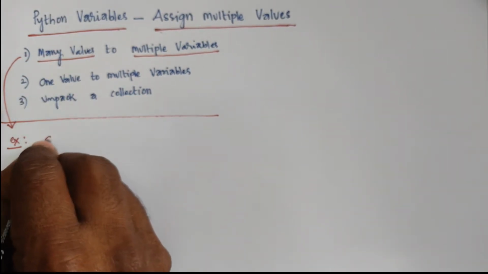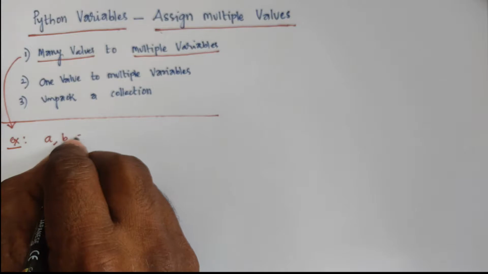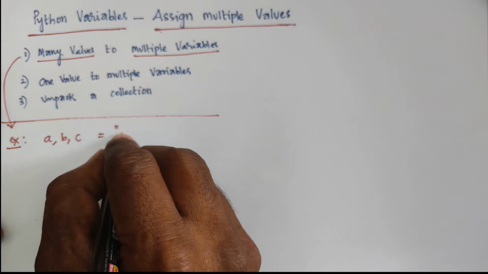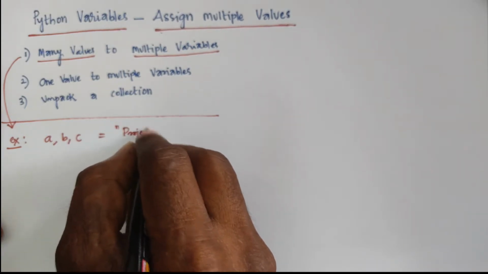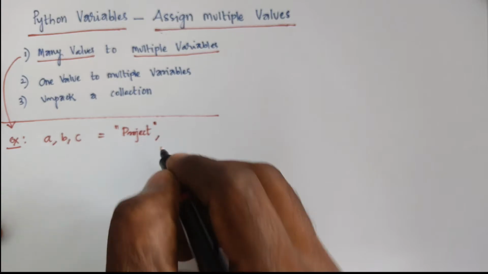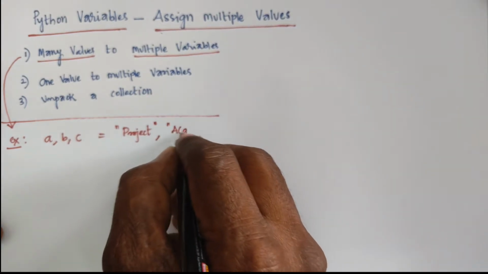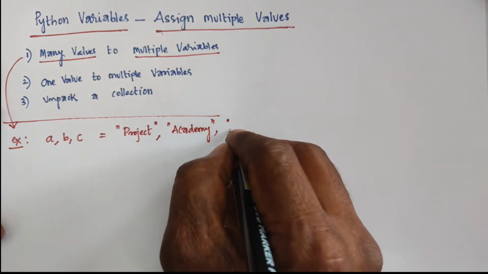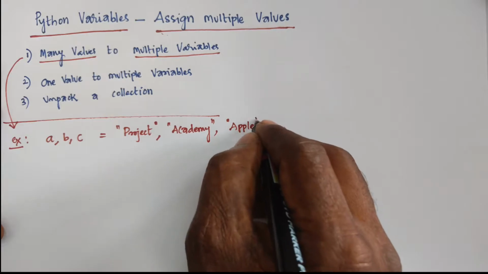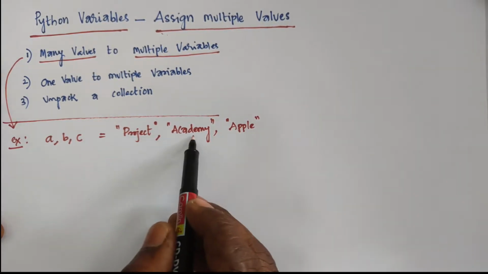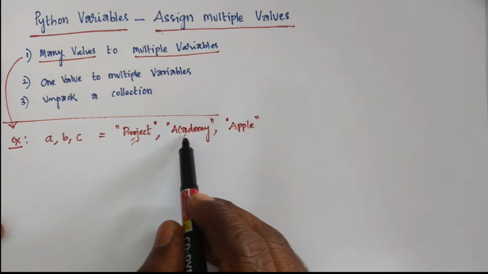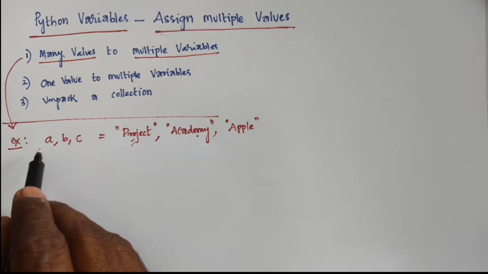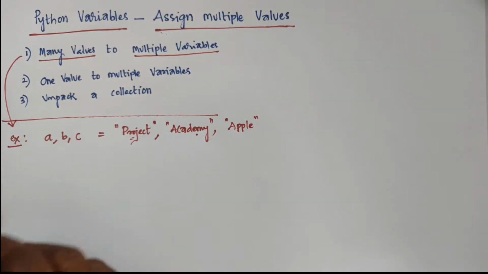You can write a, b, c is equal to, and here you are sending the strings project, academy, and apple. We have three strings, and all can be assigned to three variables: a, b, c.